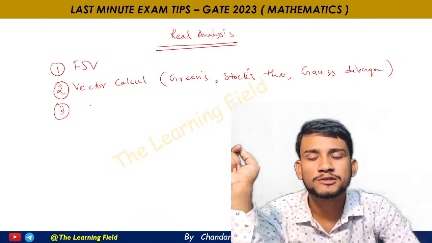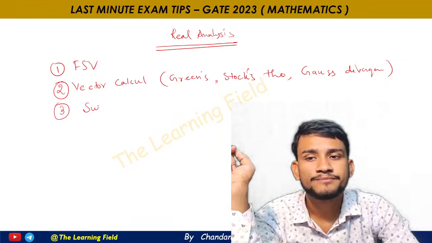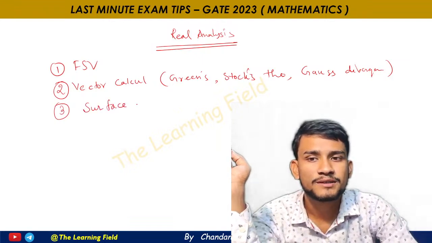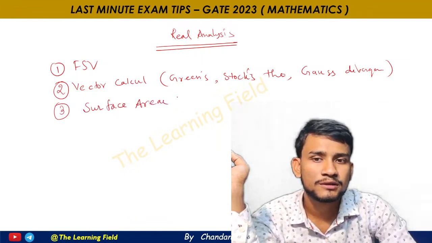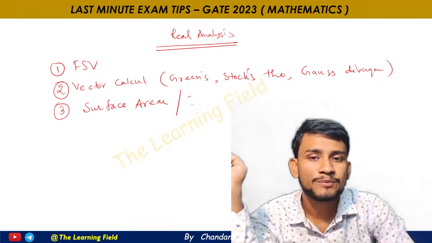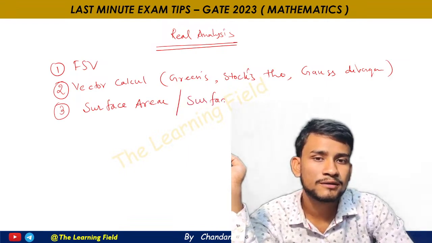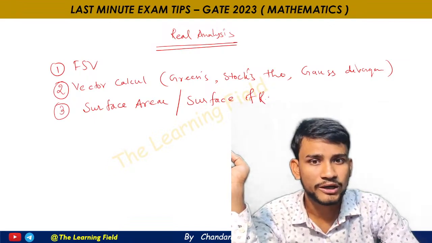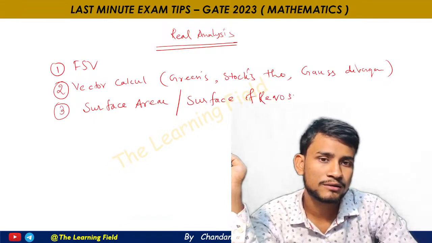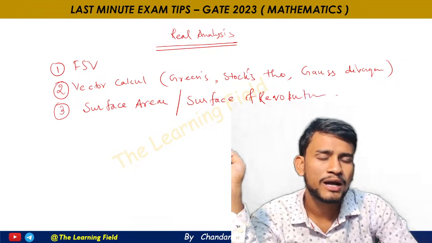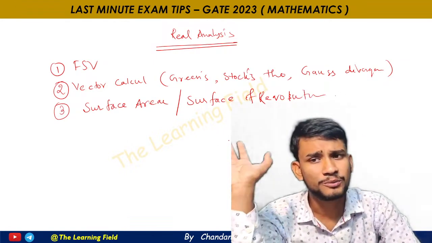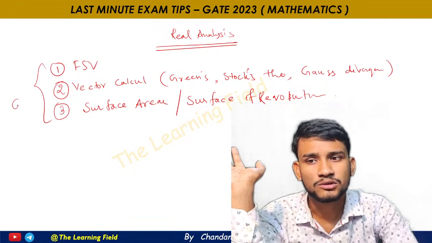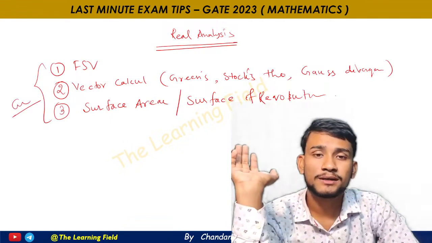The questions are asked from surface area of the curves, surface area, and surface of revolution. These are the favorite topics. These are the important topics for the calculus portion. The questions must be made from these sections.